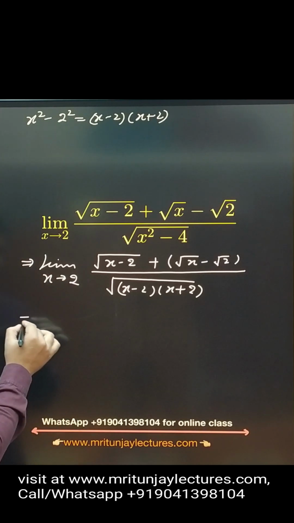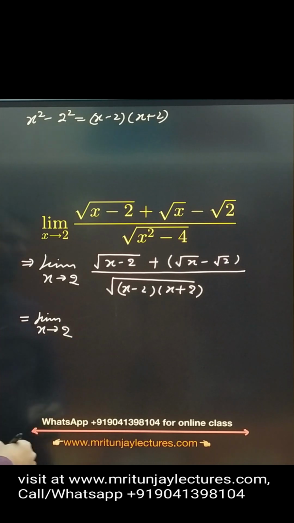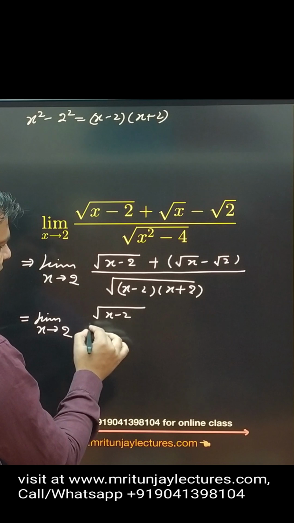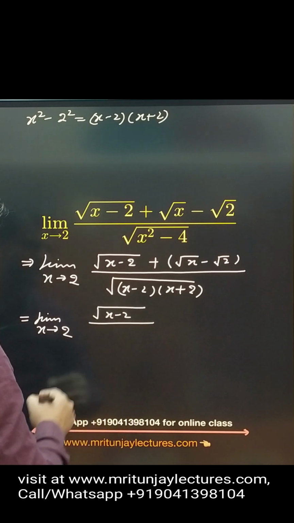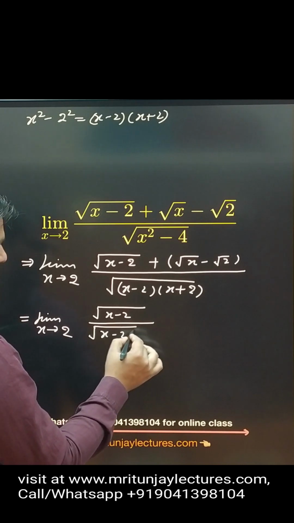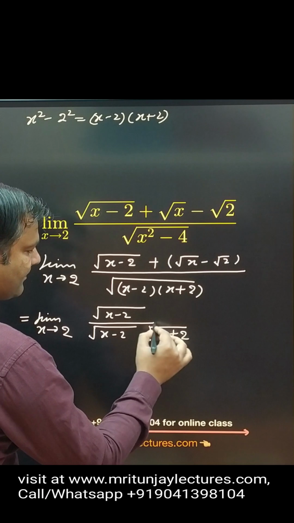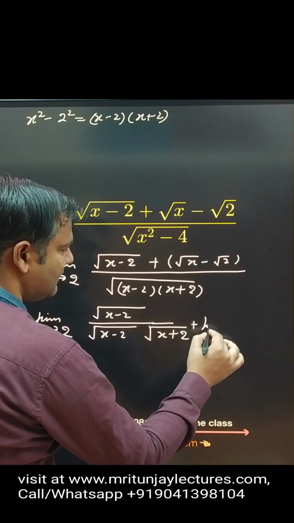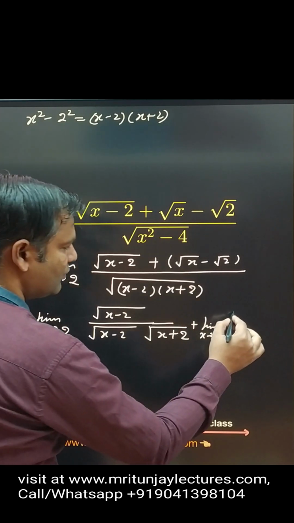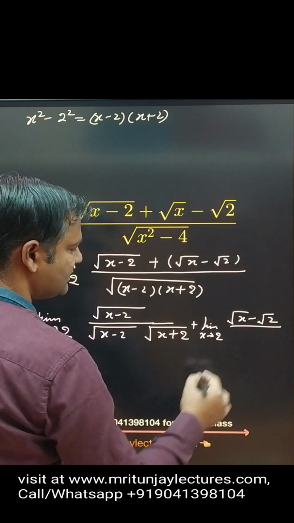After that, limit x tends to 2 of under root x minus 2 divided by under root x minus 2 into under root x plus 2, plus limit x tends to 2 of under root x minus under root 2 divided by how much?